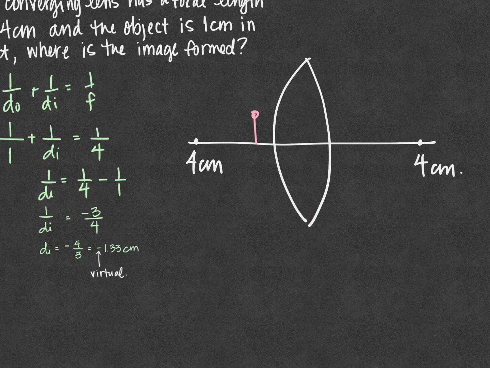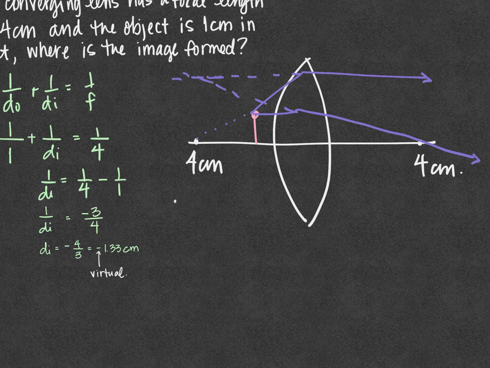So if I use some ray diagrams, I've got a parallel ray and then one through the focal point. And then we have another ray that is in line with the front focal point and then goes out parallel. Now these rays over here will never converge, but these rays appear to converge in front of the lens.